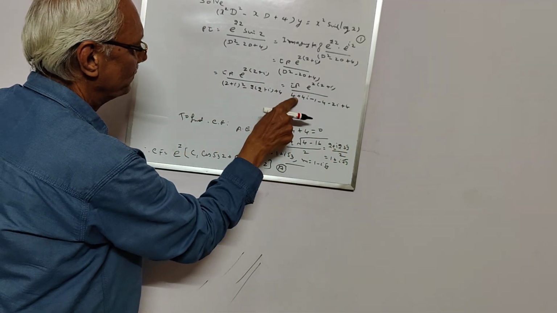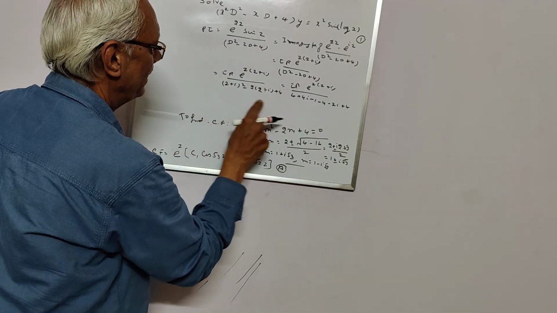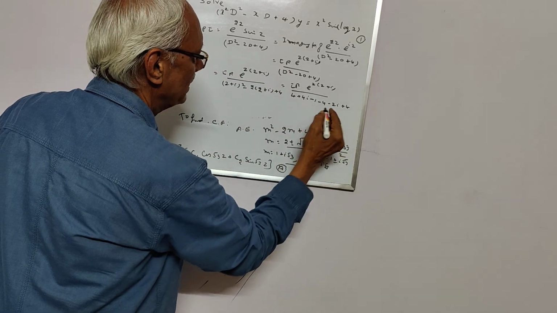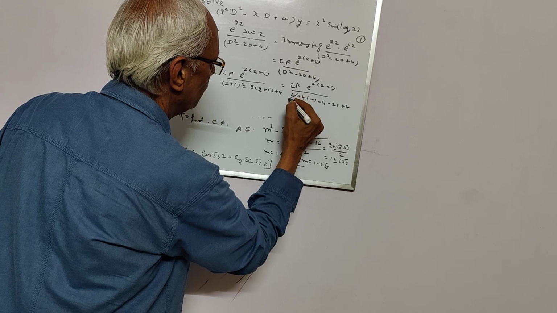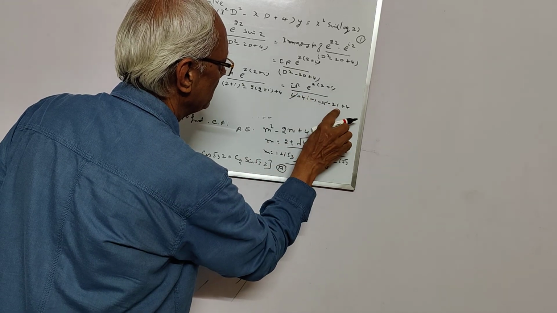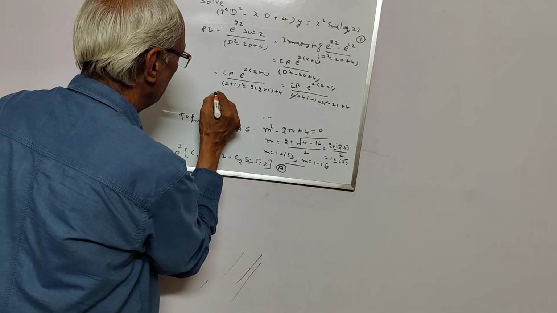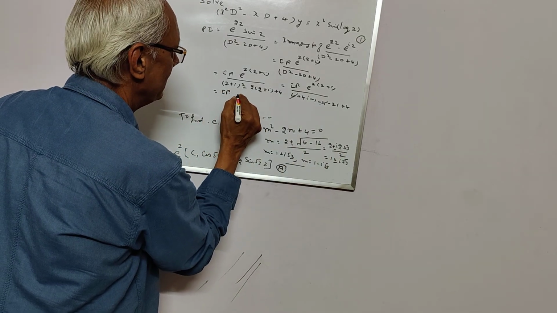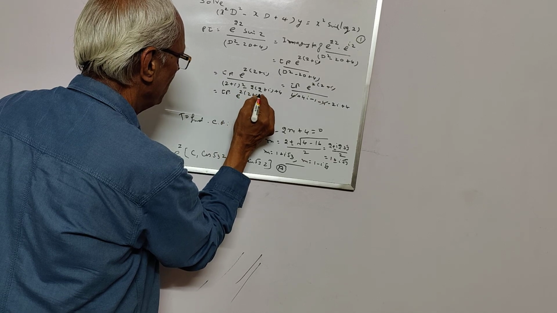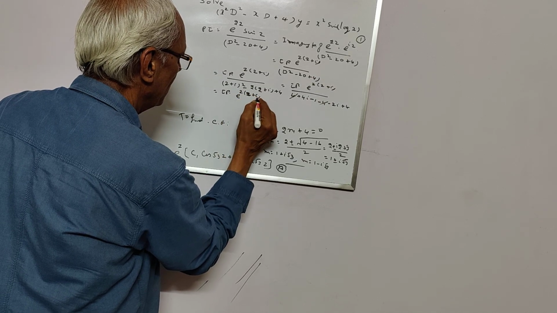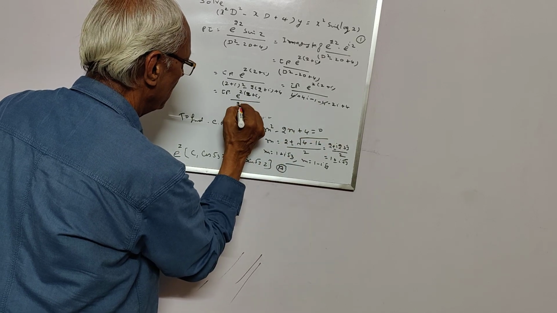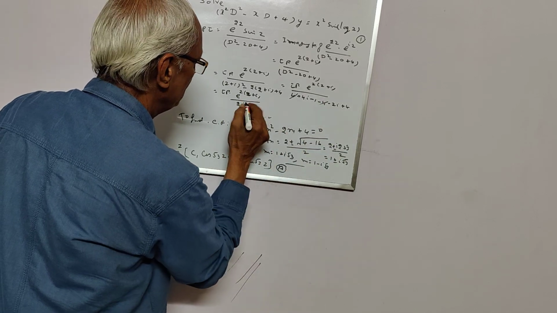So 4i minus 1 minus 4 minus 2i plus 4. Here minus 4 plus 4 goes off. 4i minus 2i is 2i. So what you will get is the imaginary part of e to the power of z of 2 plus i divided by, 4i minus 2i is 2i, and minus 1 plus... this is 3.